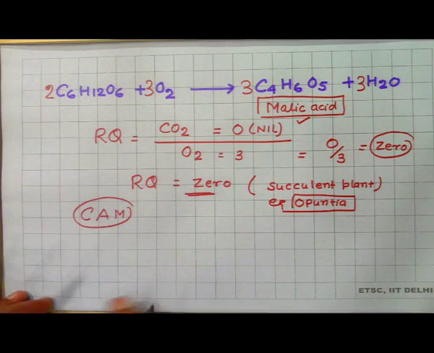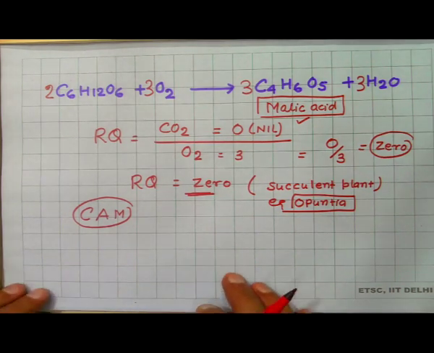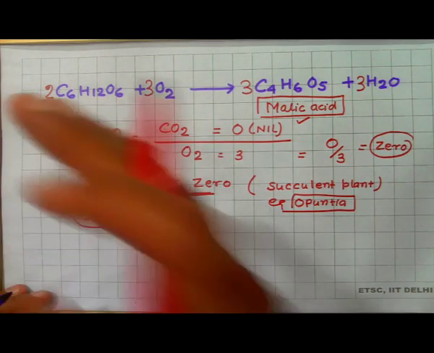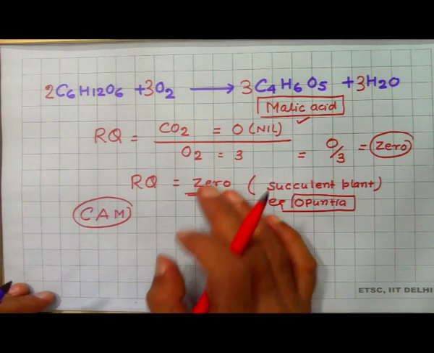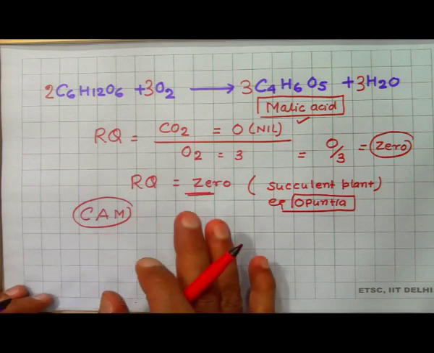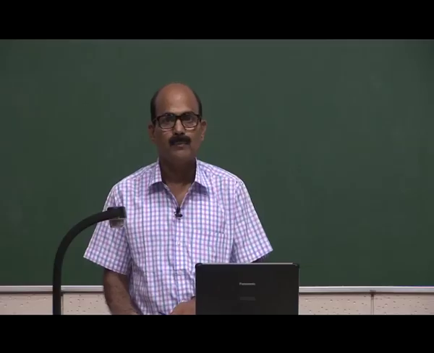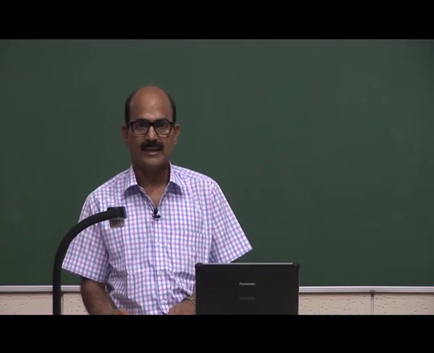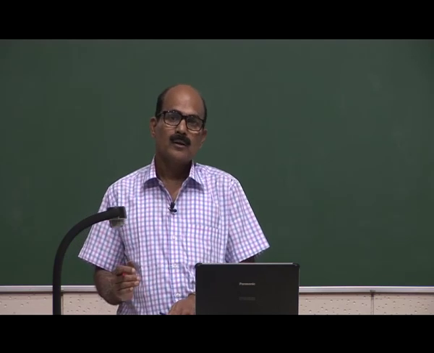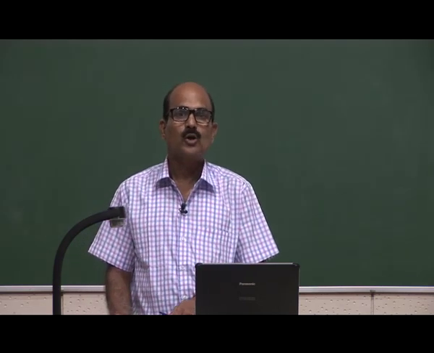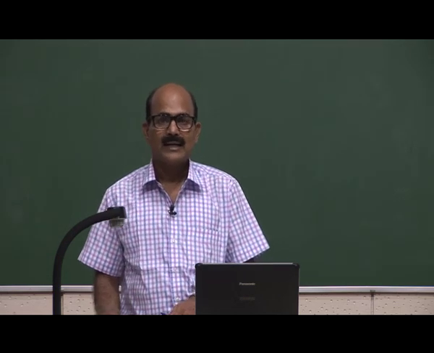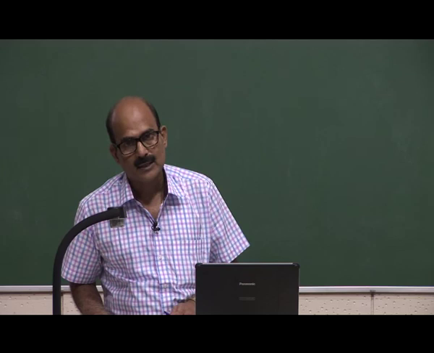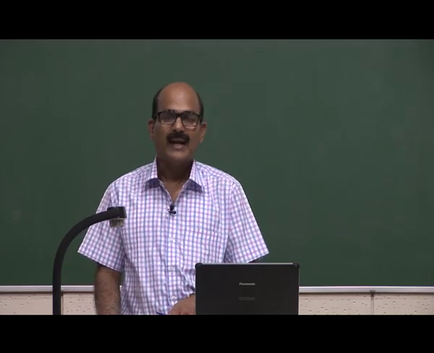So now here we will find that when RQ is 1, the substrate will be carbohydrate. When RQ is less than 1, then the substrate will be protein or fat. When RQ is exactly 0.5, that will be protein, greater than 0.5, that will be the fat.